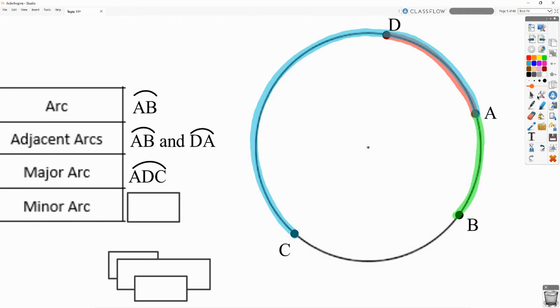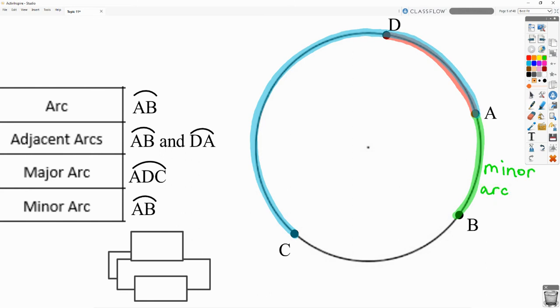An example of a minor arc would be that same one that we started with. Arc AB, this one that's already highlighted in green, would be a minor arc. The blue one was our major arc.